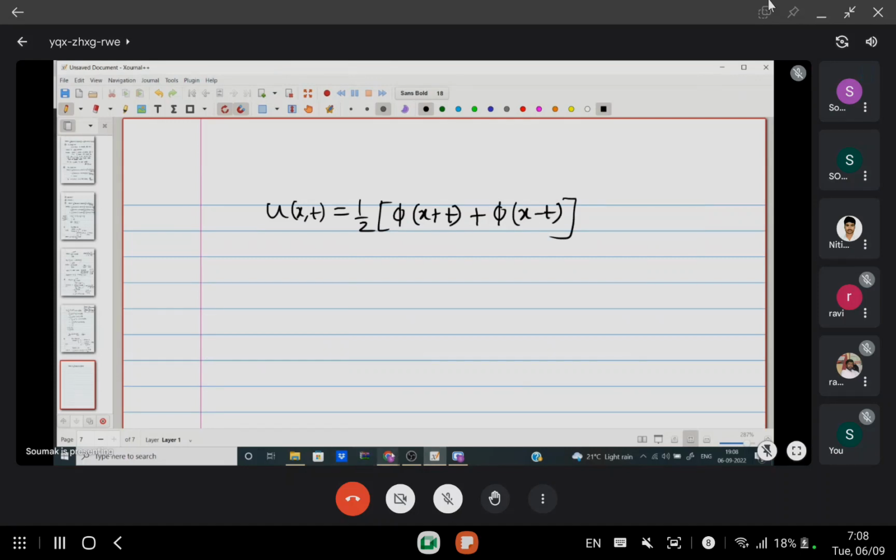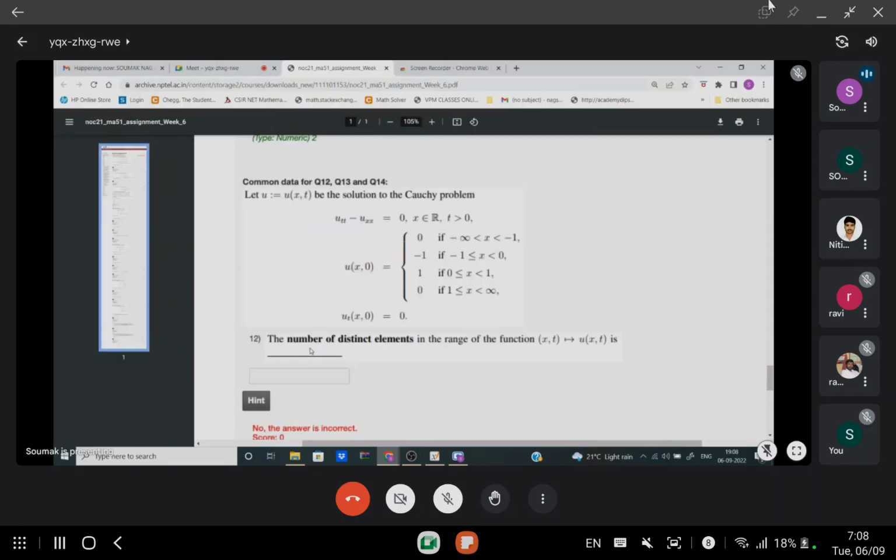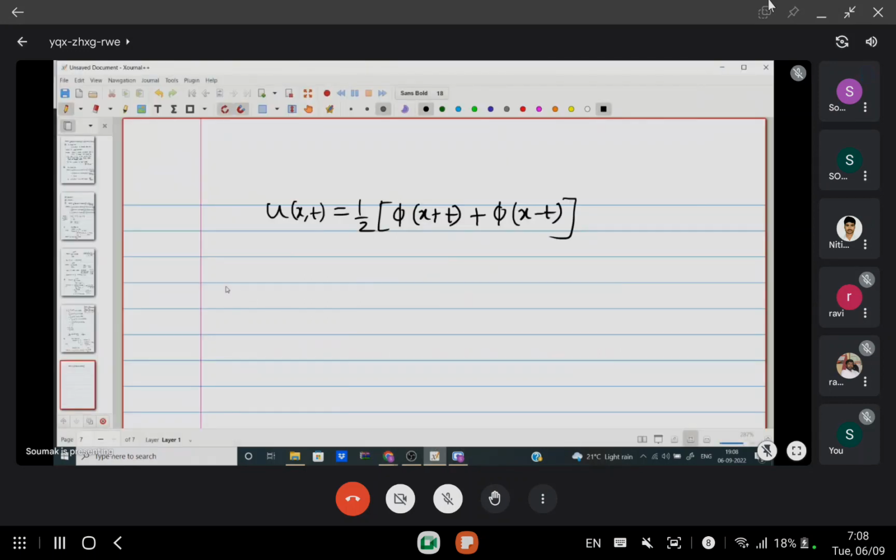The question is saying the number of distinct elements in the range of the function. What are the distinct elements that the range contains? Let me write phi again. Phi is 0 when x is in minus infinity to minus 1. It is minus 1 when x is minus 1 to 0.